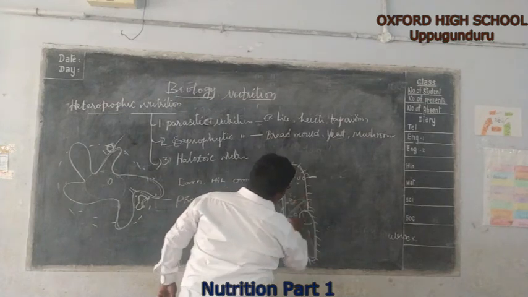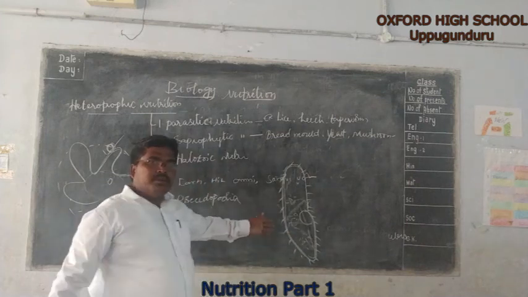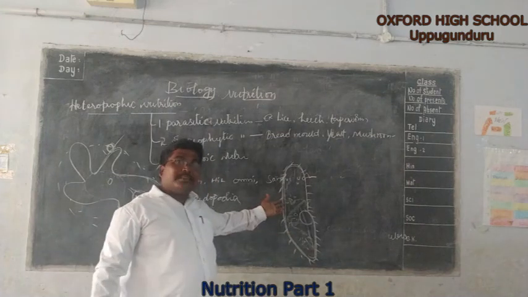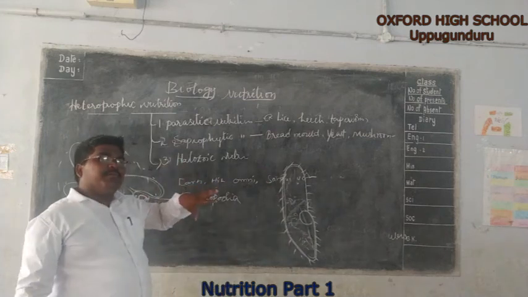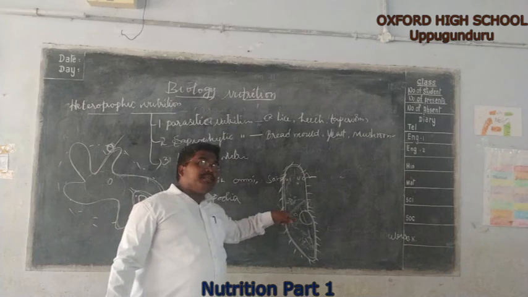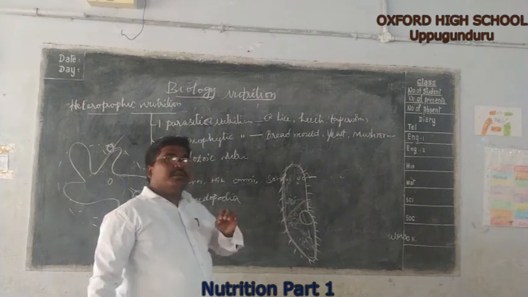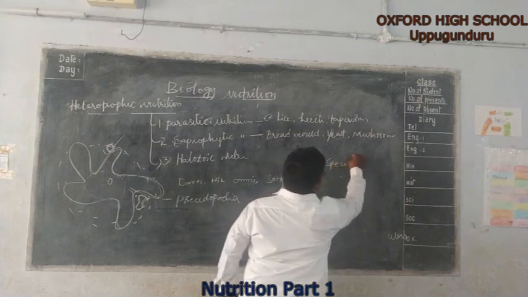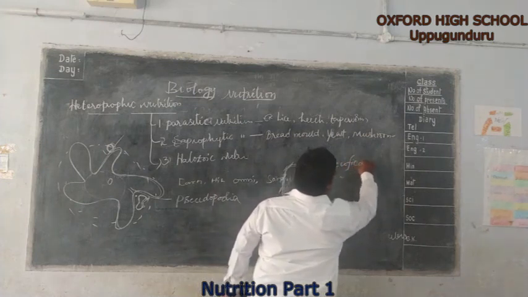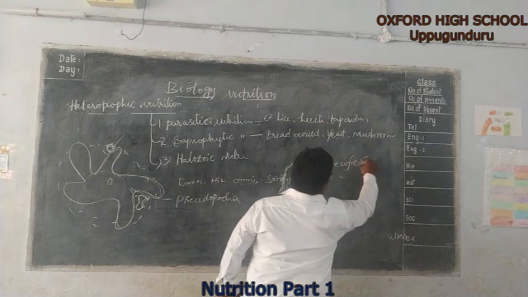Like this it may appear to us. Amoeba does not have any definite shape, but paramecium has a definite shape. The food is taken at a specific spot.